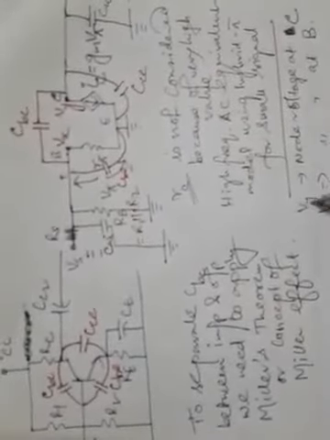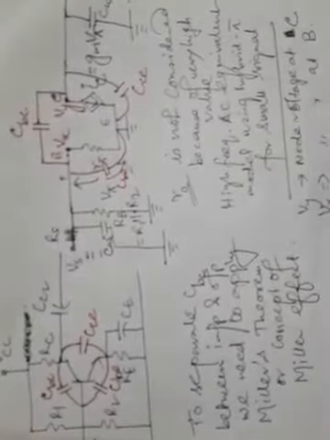Okay, so from here we can get the voltage gain. Vy is the output node voltage and Vx is the input node voltage. So what is voltage gain? Output node voltage divided by input node voltage, that means Vy by Vx.